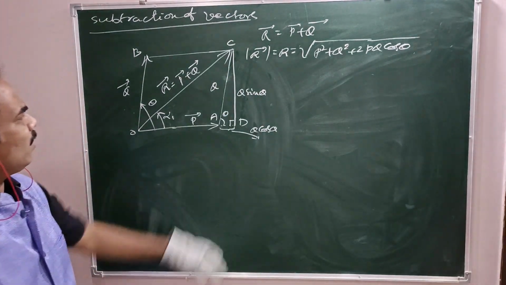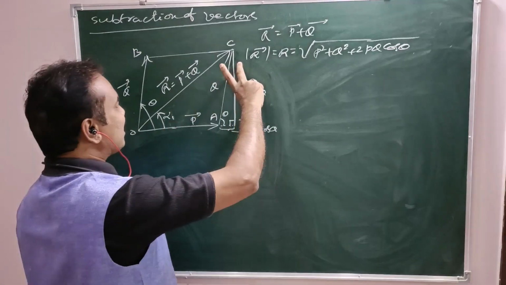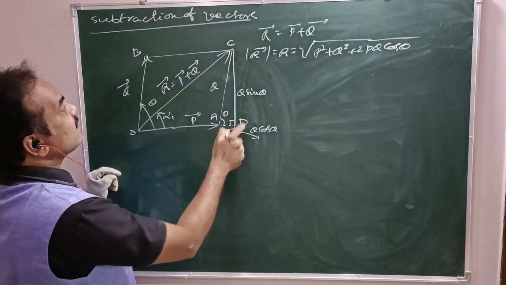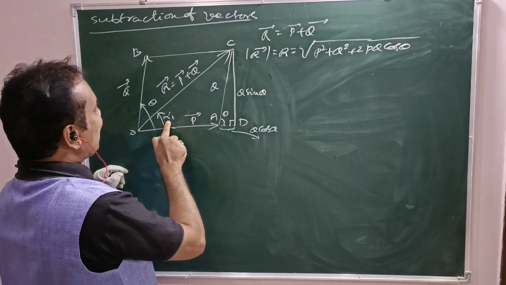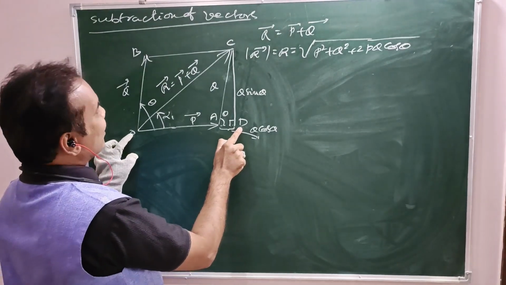So from this right angle triangle, tan alpha 1 equals opposite side by adjacent side. From right angle triangle ODC with respect to alpha 1, CD is the opposite side and OD is the adjacent side.